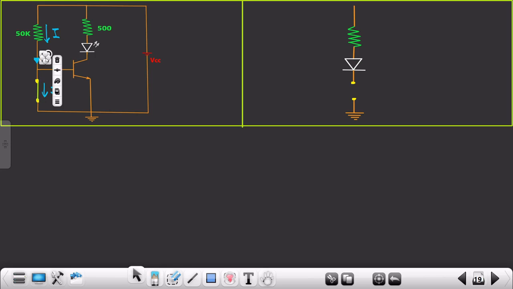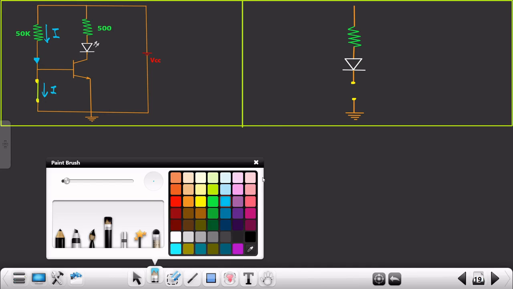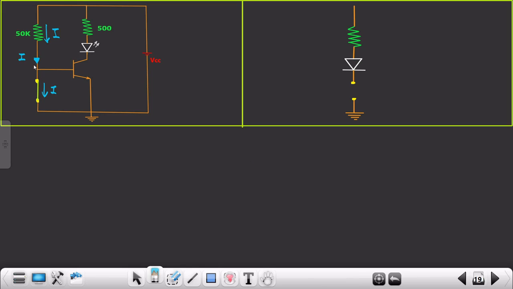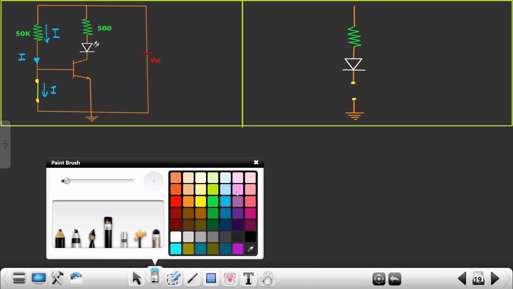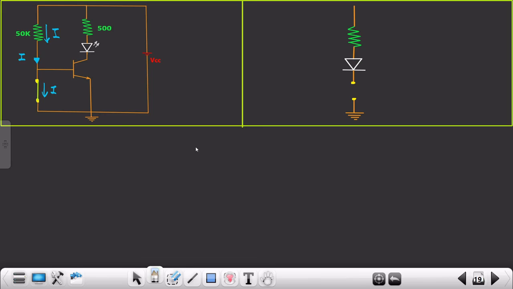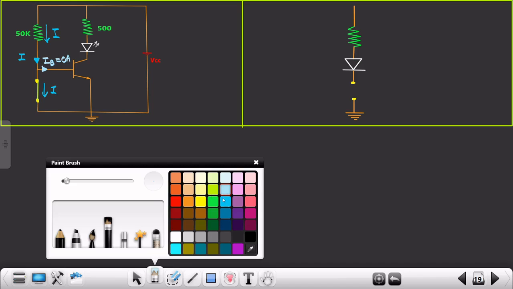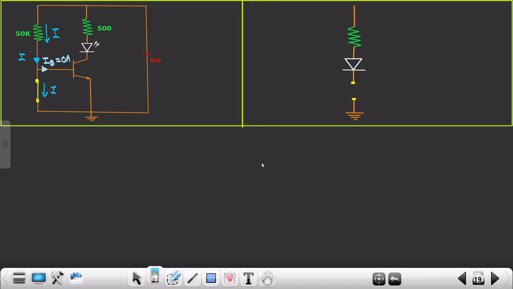Let's suppose this is a current I, and therefore the base current IB would be 0 ampere, right? So this is the most important key point you should remember when the torch is in the on condition.